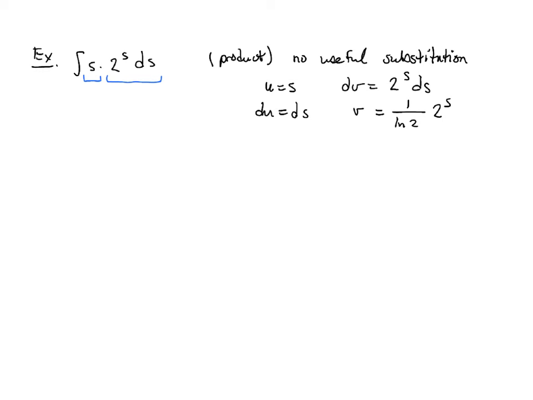So, rewriting the formula for integration by parts, I'll have u times v minus the integral, the antiderivative of v times du, and I just plug in the expressions that I have over on the right-hand side.